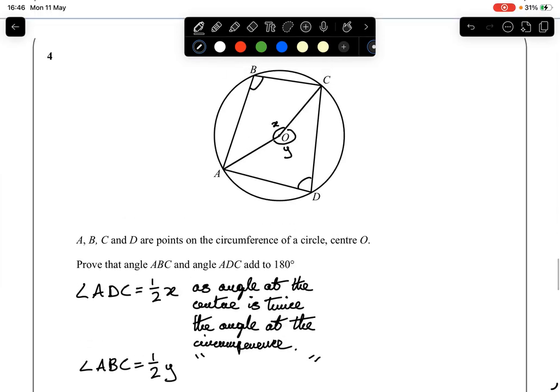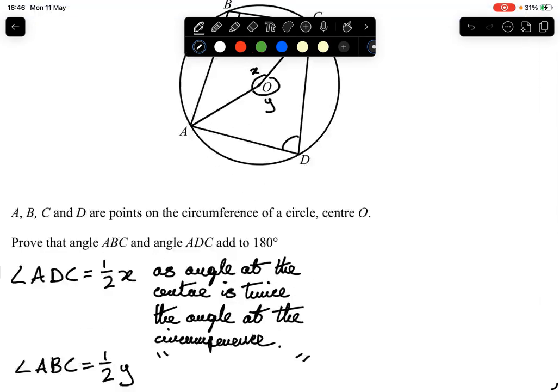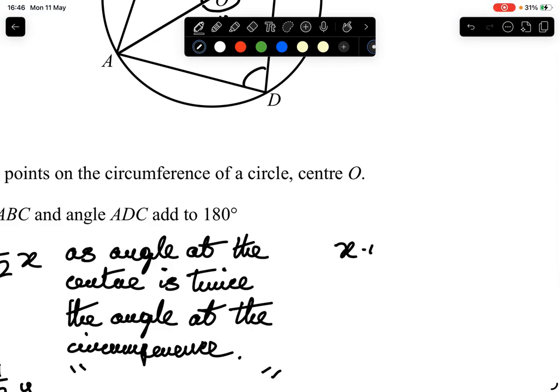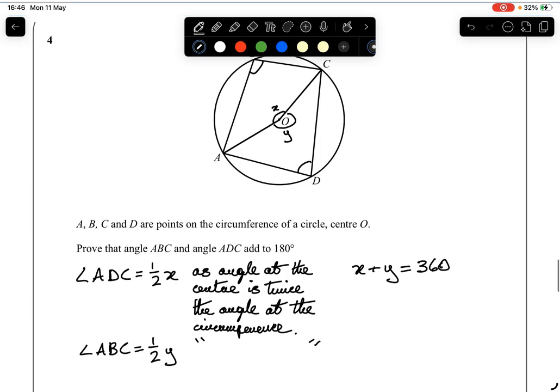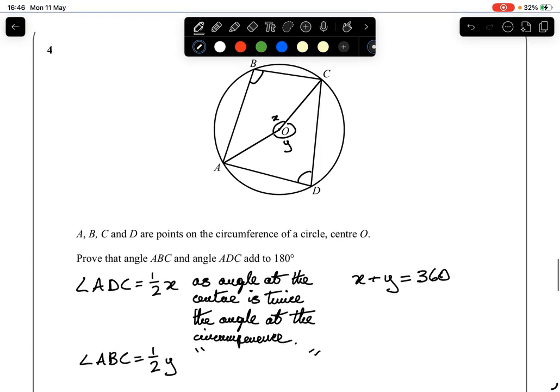However, X add Y has to be 360. Well, that's because angles in a full turn sum to 360 degrees.